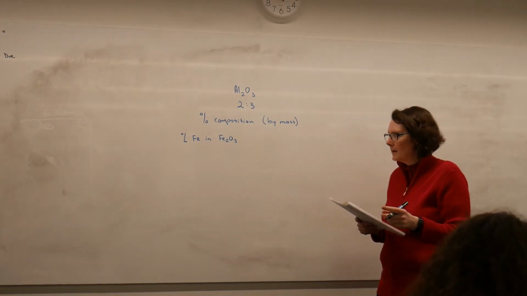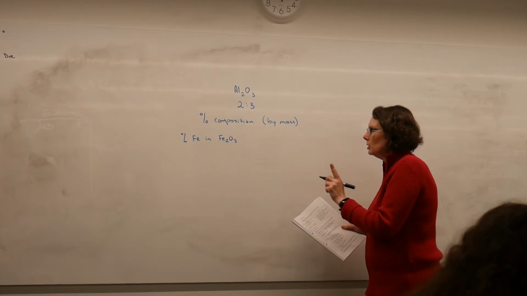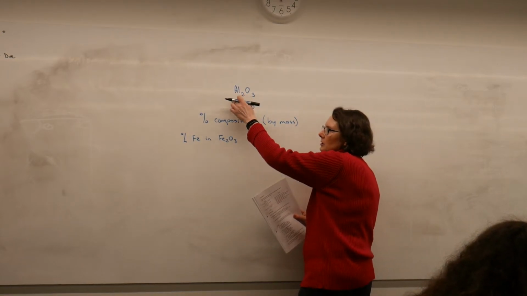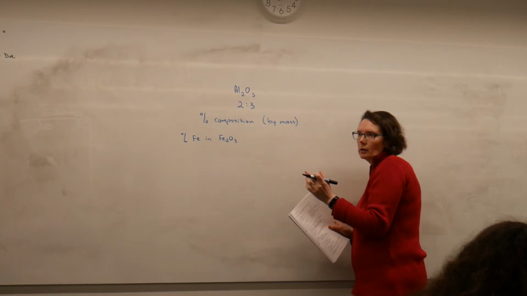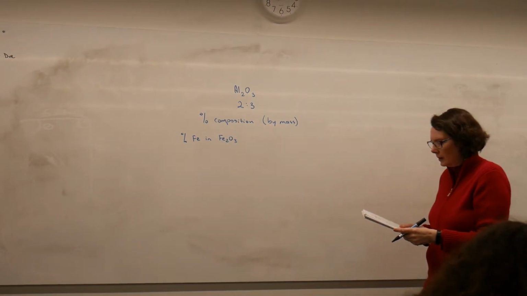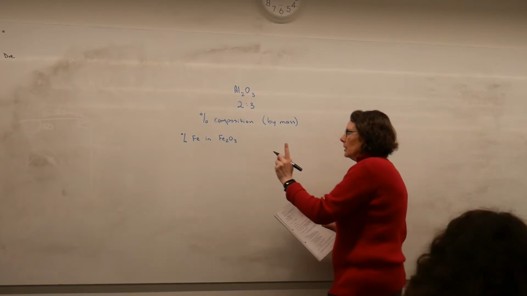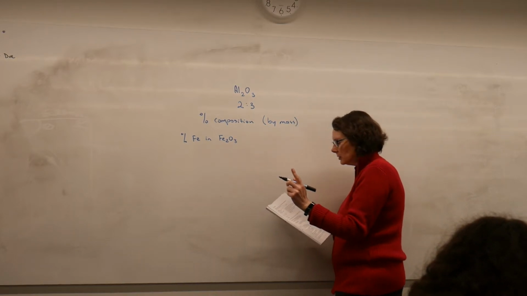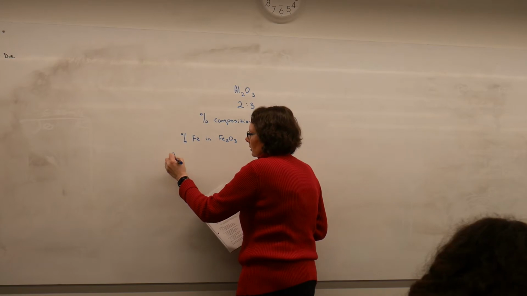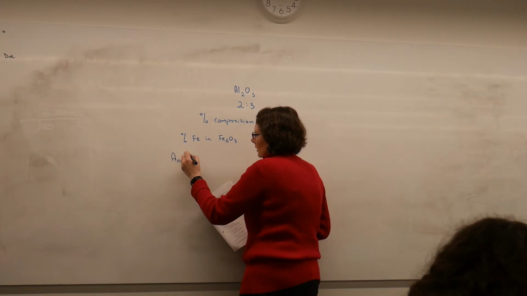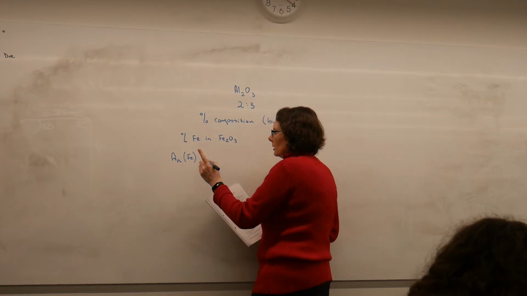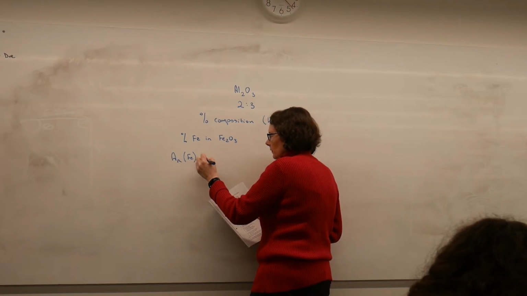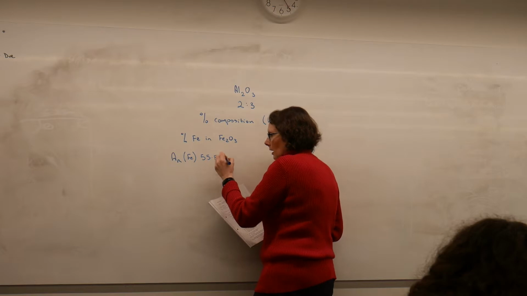Fe2O3. So we know then, again, it's the same as the aluminium oxide here, that these are in a 2 to 3 ratio within the crystal lattice. What we need to know is the atomic masses of each. So we're given in the question that the atomic mass of iron is 55.85.